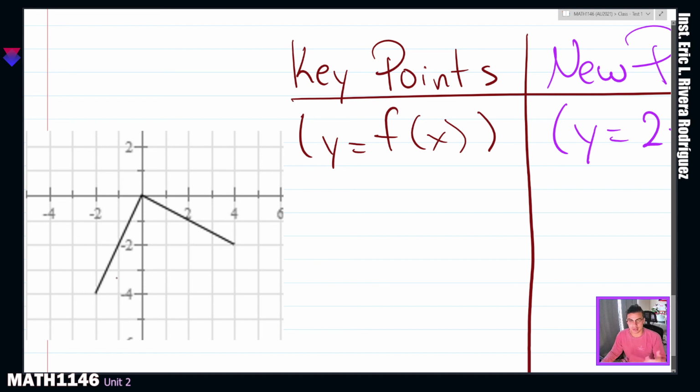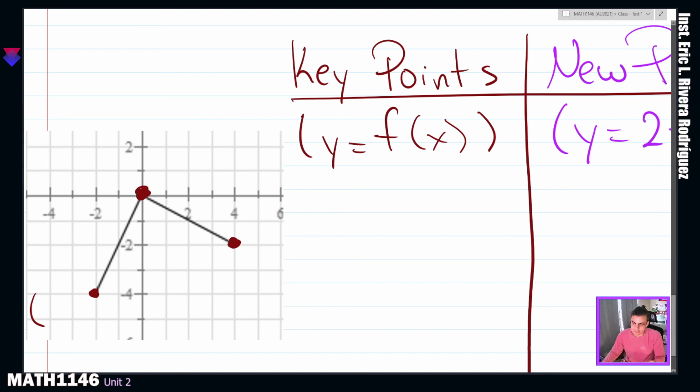The graph that we have here has a triangular shape, so we have two lines that make up our graph. We have two segments, segment number 1, segment number 2. How are we going to identify the key points? Well, the endpoint of each segment.